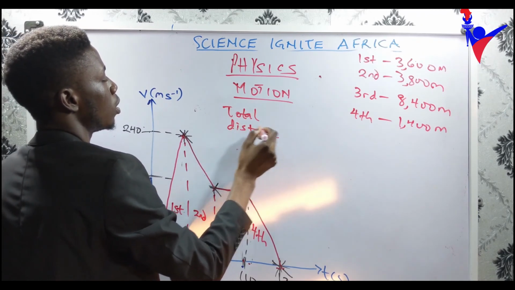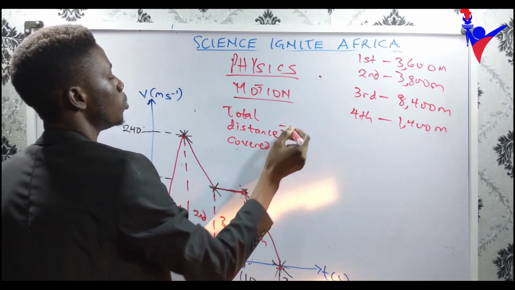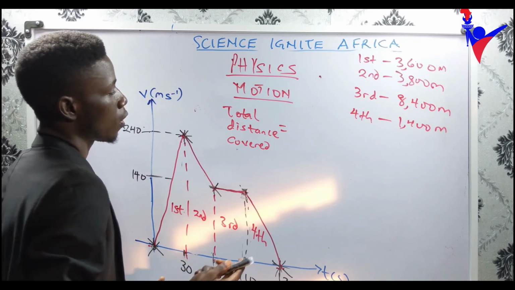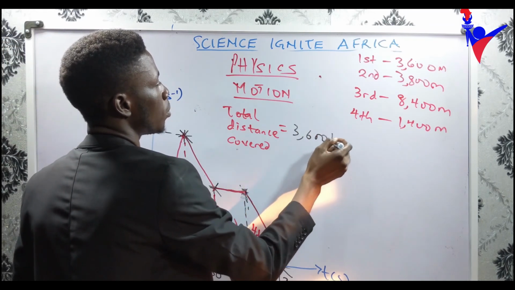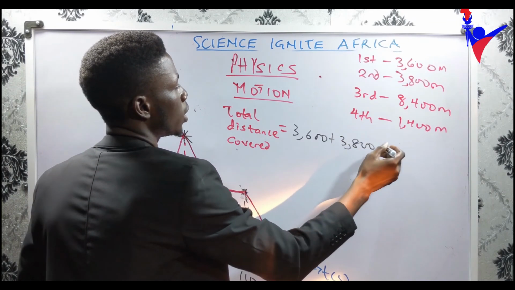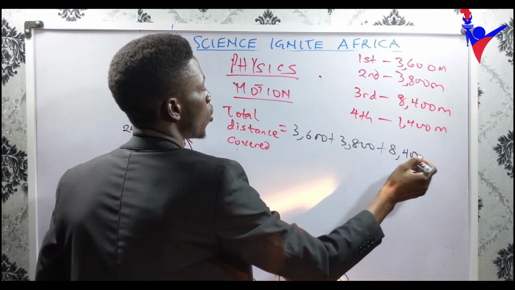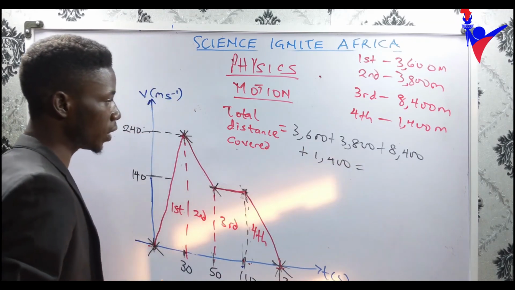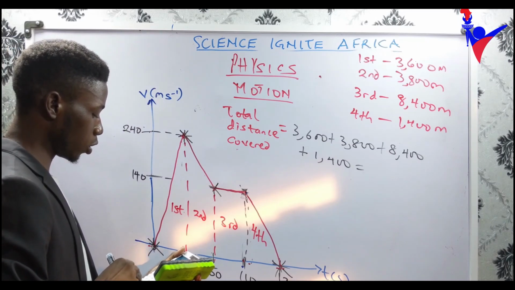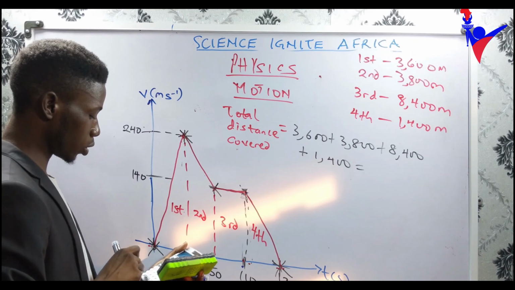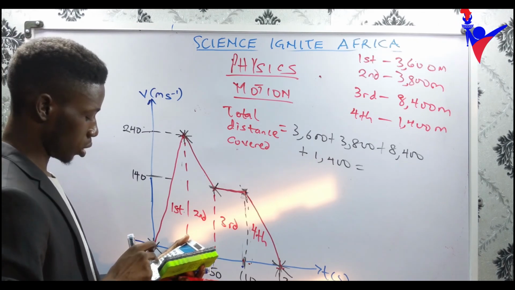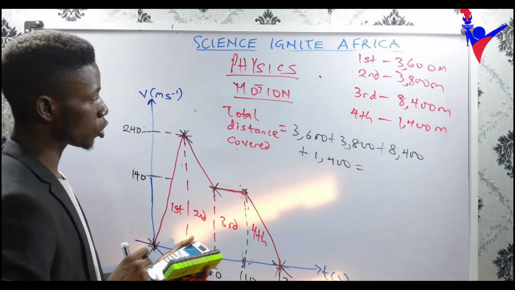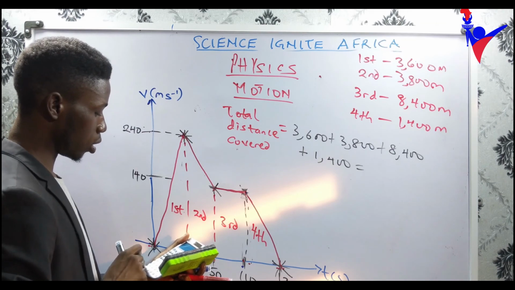So total distance covered will be equal to 3,600 plus 3,800 plus 8,400 plus 1,400, and if we add everything here, we have 8,400 plus 3,600 plus 1,400 plus 3,800.